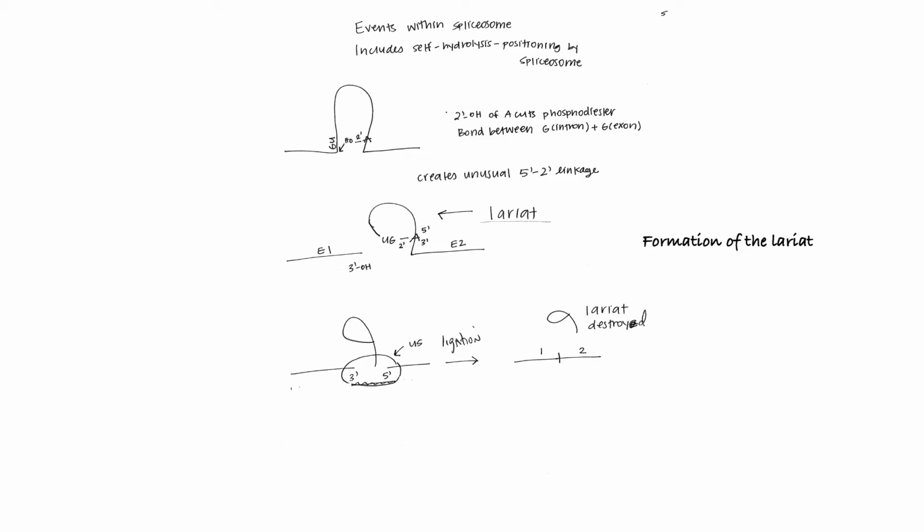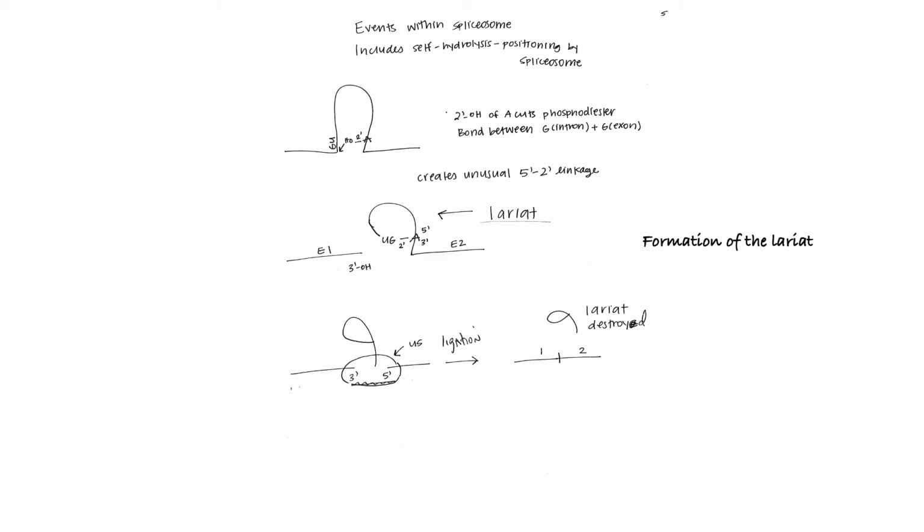This is all bound up in the spliceosome, but the intron is looped out, and the 2' hydroxyl of that adenine in the intron cuts between the exon and the beginning of the intron, and creates a new phosphodiester bond between that 2' hydroxyl and the 5' phosphate of the first G in the intron. So there's the creation of this strange 5' 2' linkage, which is the lariat.